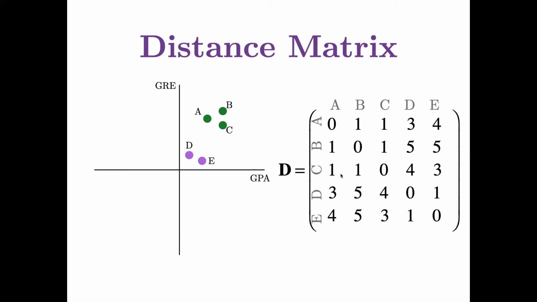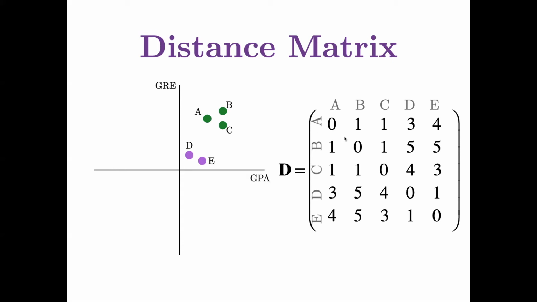So from this matrix, you can see that A and B have a distance of 1, whereas A and E have a distance of 4. That's consistent with what we see in this picture. A and B are much closer than A and E.